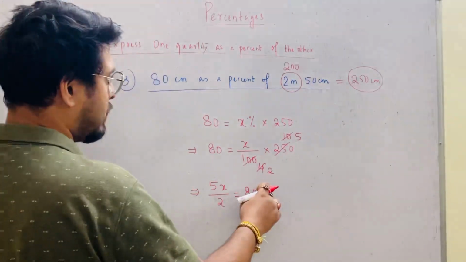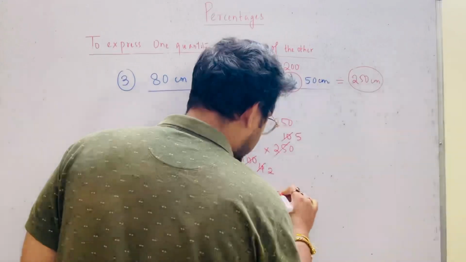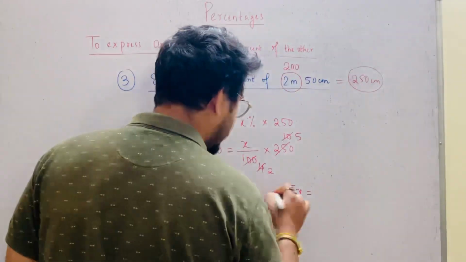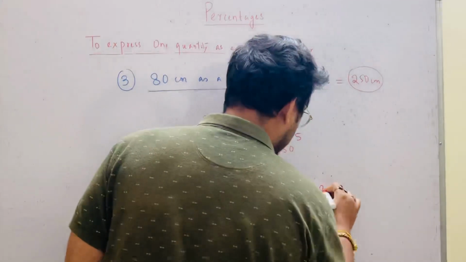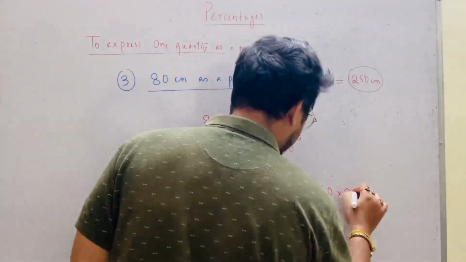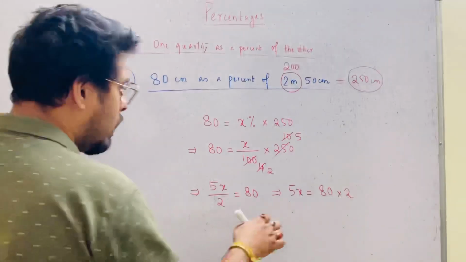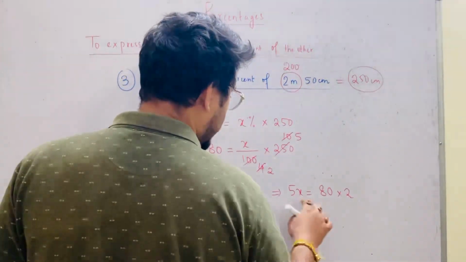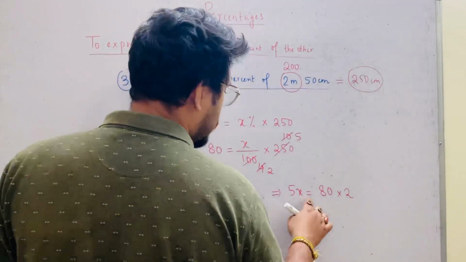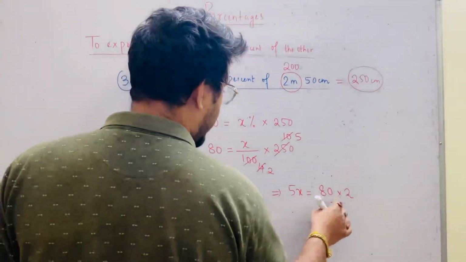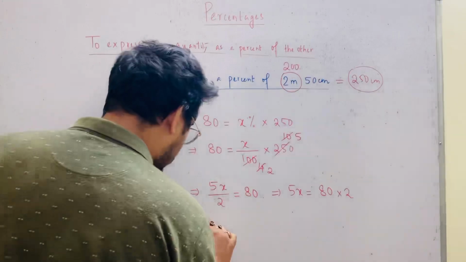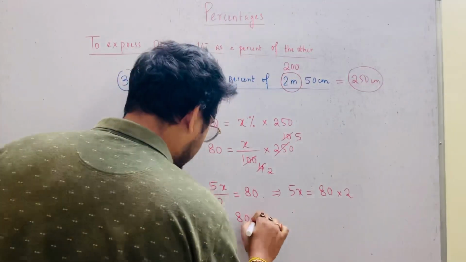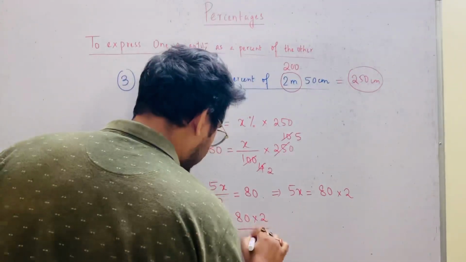So 5x equals 80 multiplied by 2. Now, in order to get x, we have to take the 5 to the other side. Since 5 is in multiplication, it will be divided. So x is equal to 80 times 2 divided by 5.